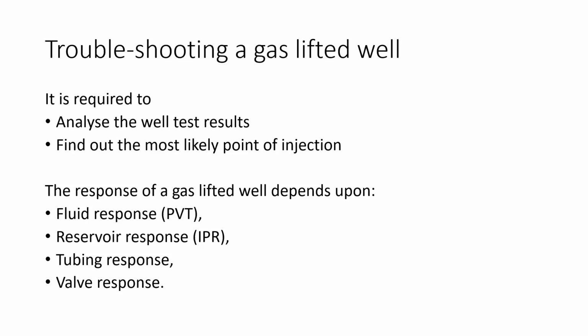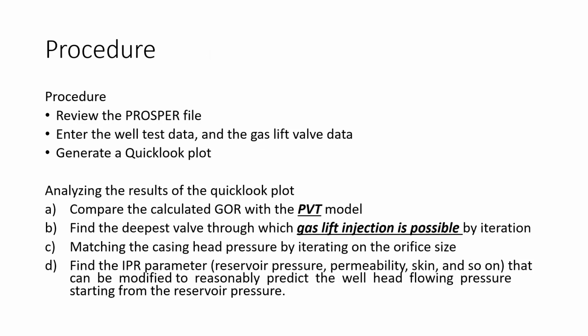specific solution is found in Prosper, which is the quick look that will be done for the gas lift, and then we will see the effect of these 4 parameters to find the best answer. So the procedure is, we have a Prosper file.